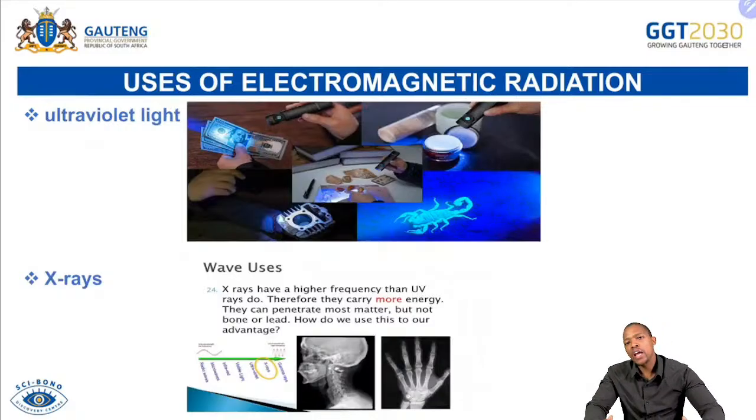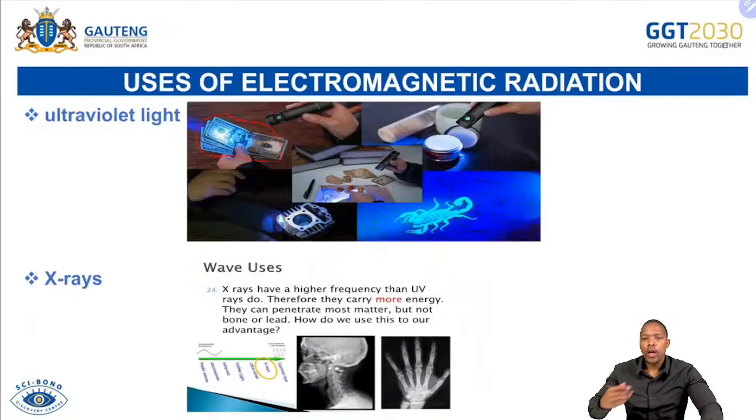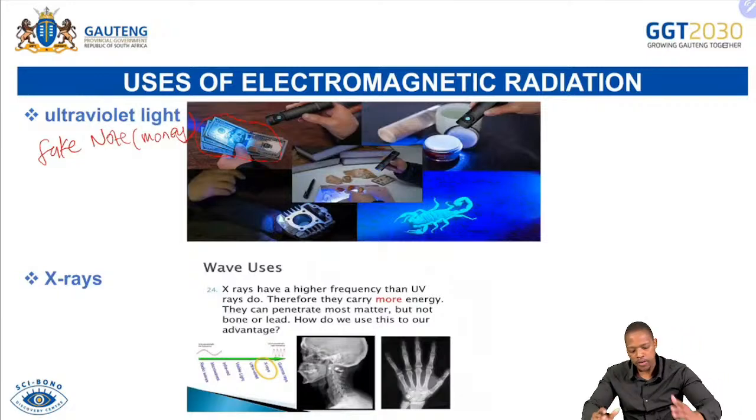Okay, ultraviolet, again, a lot of uses there, right? The one I like the most is that ultraviolet light is used to detect counterfeit or fake money notes.